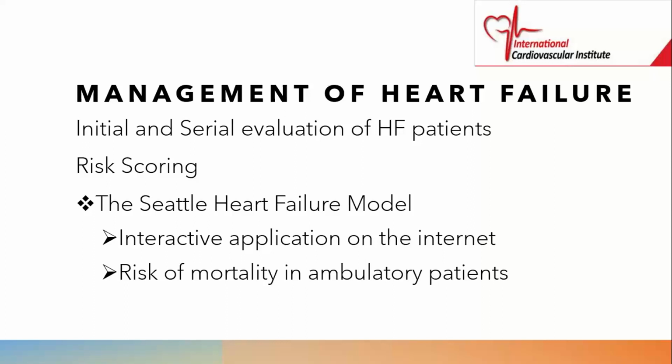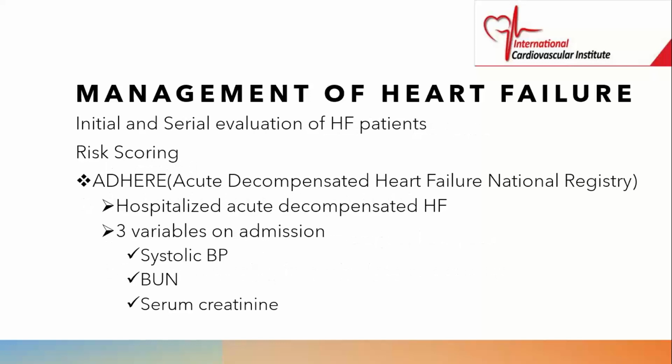The patient comes to the office and you just go online, you plug in the data, and it will give you the risk of mortality in these patients. Just go online, put in each patient's information.